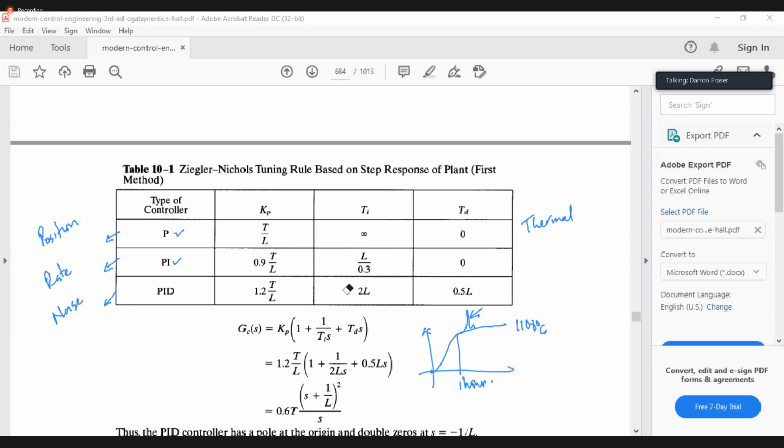So after you have done that, then now you can work out KP, the gain for the proportional controller, and the gain for the integral controller. This is not KI, this is TI. Now, let me just make a point here.